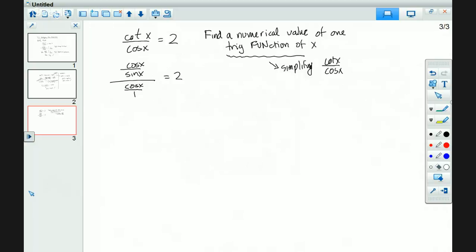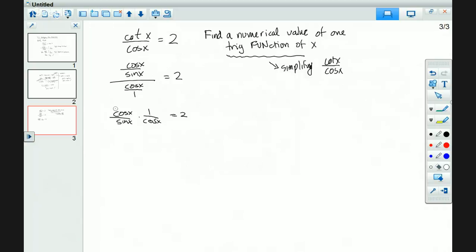It's fractions, so copy, dot, flip, right? Fraction division. Equals 2.